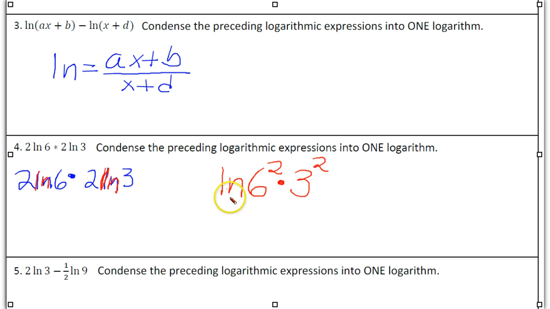So this is basically what we have, which then is the natural log of 36 times 3 to the second, which is 9, which is the natural log of, 3, I should say, 24.